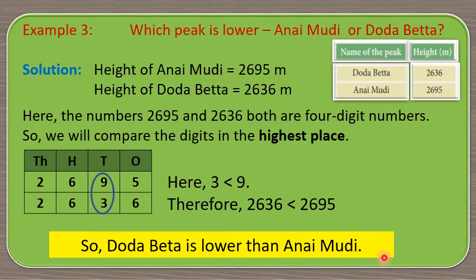Like this, we can compare any two 4-digit numbers using the steps or procedure we used in the examples, example number 1, 2 and 3. I hope you understood the method of comparing 4-digit numbers. So using the same steps and same procedure, you try to compare the numbers which are given in the exercises in your textbook.